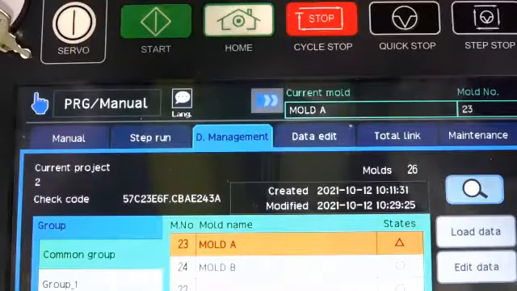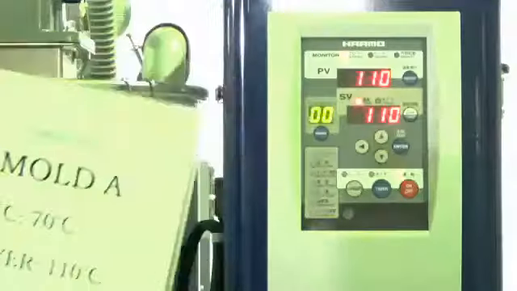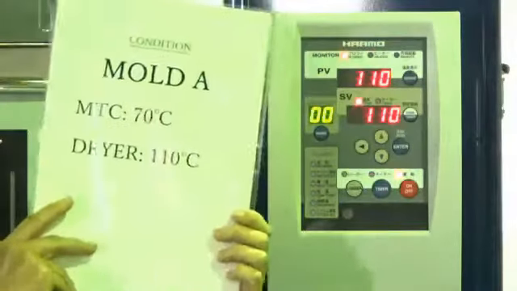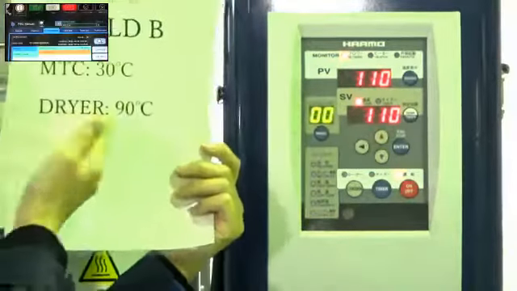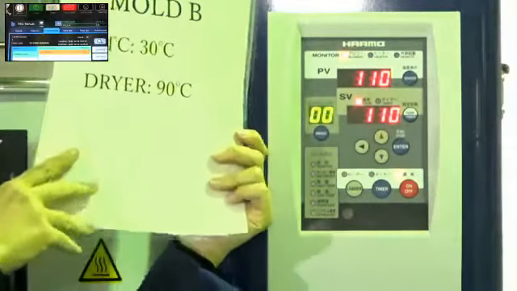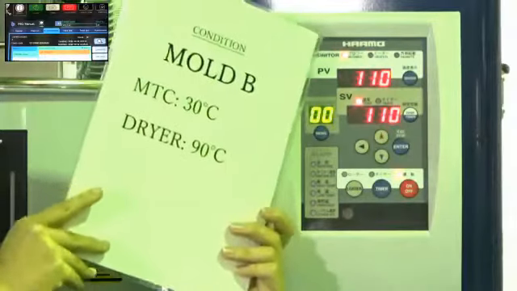Now, mode A is selected, and we select mode B in the mode selection page and press load data. For example, the temperature should be changed to 30 degrees from 70 degrees. Let's see how it goes. Now it is 110, but with mode data B, it should be 90. So please load the data, Otsuki-san.